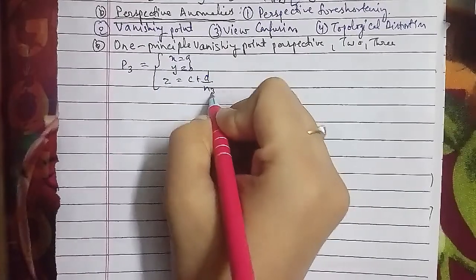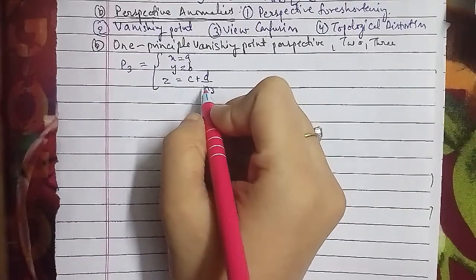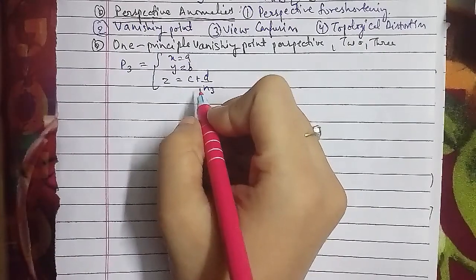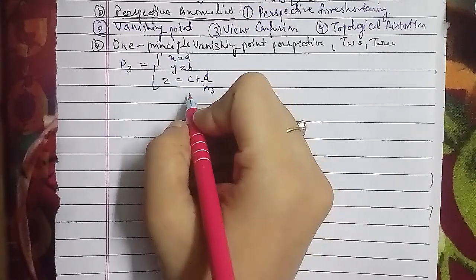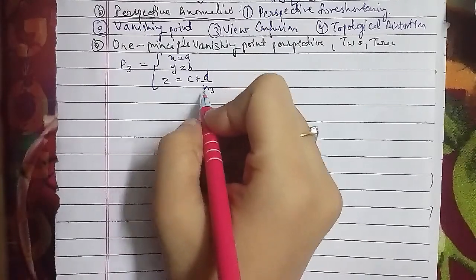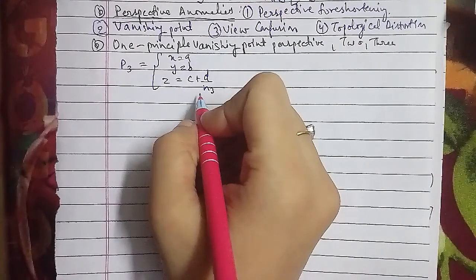Here A, B, C are coordinates of the center of projection, N1, N2, and N3 are the components of the view plane normal vector, and d is proportional to the distance D from the view plane to the center of projection.